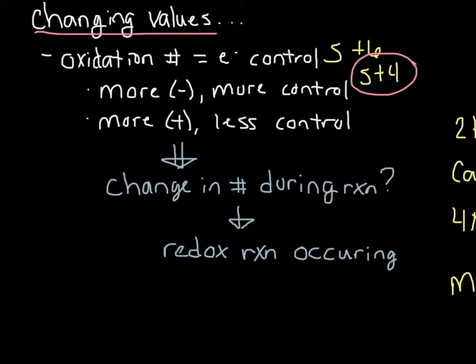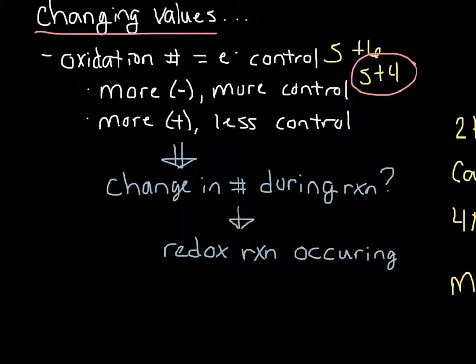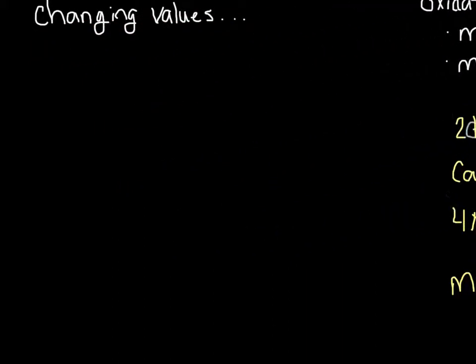Not all reactions are redox reactions. You need to keep that in mind. That's why you need to be able to identify the separate oxidation numbers in order to determine, is it a redox reaction? And further on in topic 9, we'll see the purpose of redox reactions and how we use them in industry.